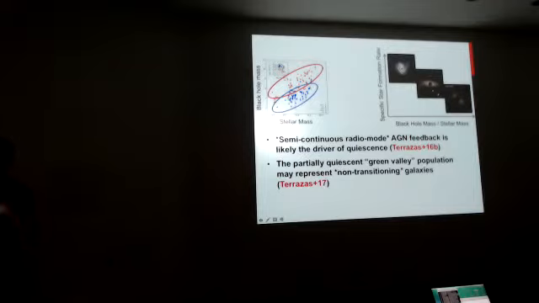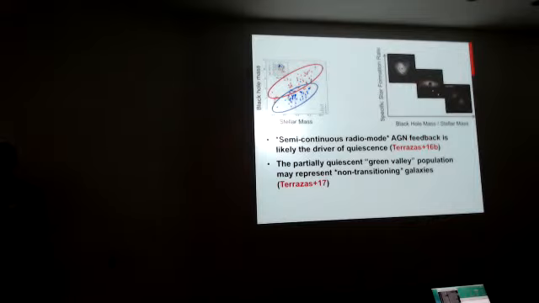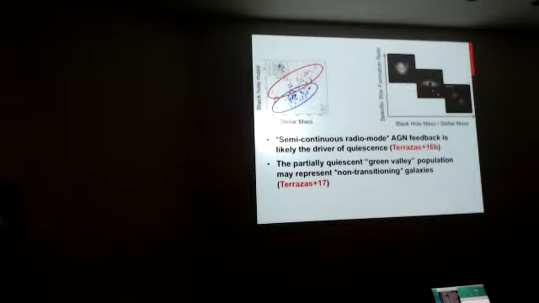I also showed that the specific star formation rate is a smoothly declining function of black hole mass over stellar mass. And this is telling you that partially quiescent Green Valley galaxies might not actually be transitioning, and they might actually be quite stable. More research needs to go into seeing if they're actually transitioning.